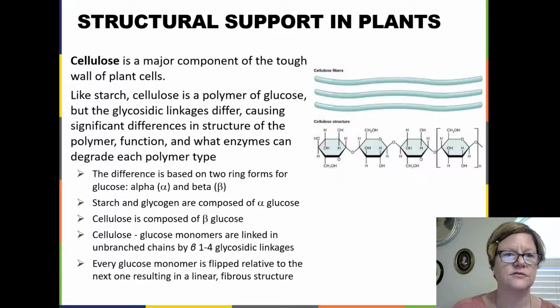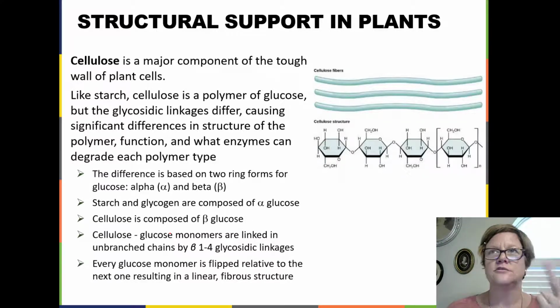Now, what about the structural polysaccharides? You have cellulose and, like I said, chitin. Cellulose makes up the cell wall of the plant cell. And in fact, many organisms have cell walls: plant cells have cell walls, so do fungal cells, so do bacterial cells. Really, animal cells are the ones that don't, primarily. In plants it's made of cellulose, and in other organisms it's made of something else, but it's always a carbohydrate.